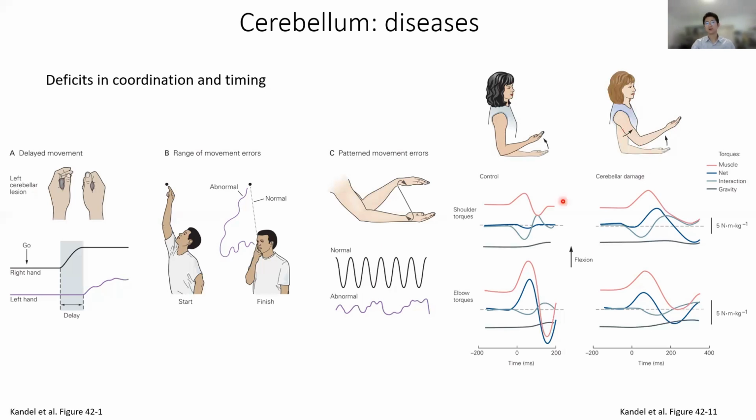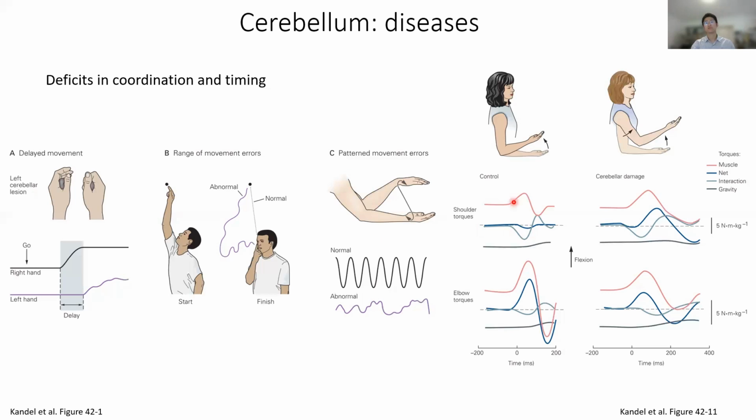Let's look at more details about the torque profiles in both participants. We plot different torques at the joints: the muscle torque, net torque, and interaction torques. If you look at the muscle torque and interaction torque, which are the red and light green lines, in the control participant, the muscle torque very accurately compensates the interaction torque, the light green.